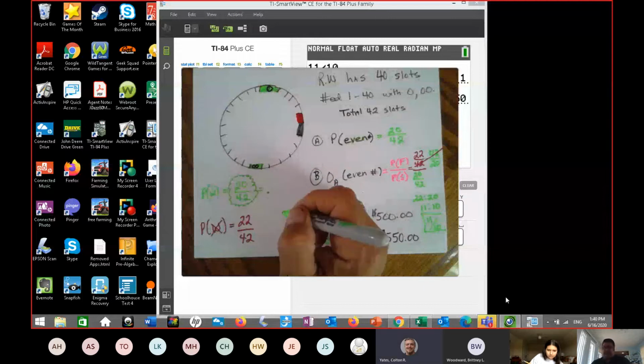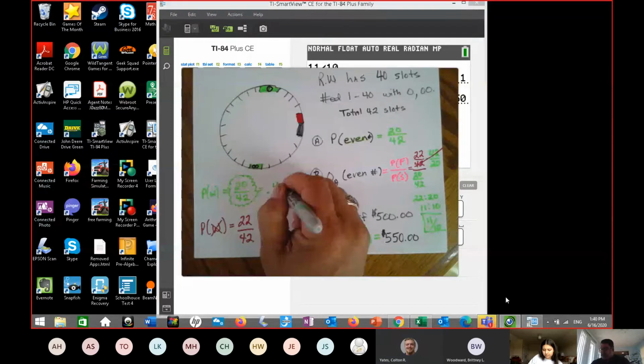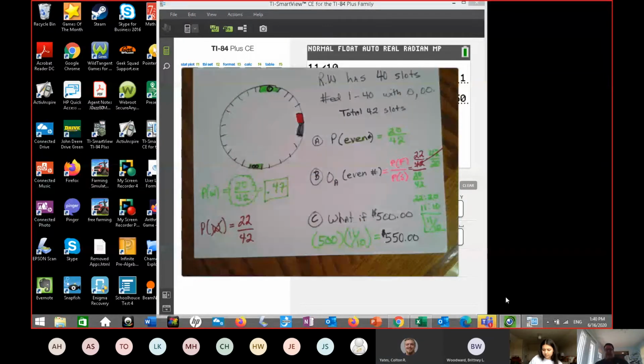That is 0.4762. That's right at 0.5. What is that as far as likelihood? It's somewhat half likely, isn't it? It's right in the middle, right?